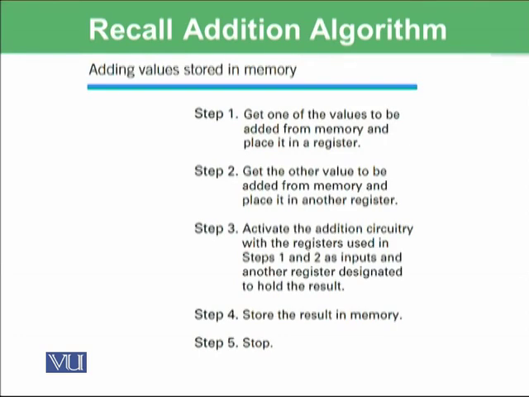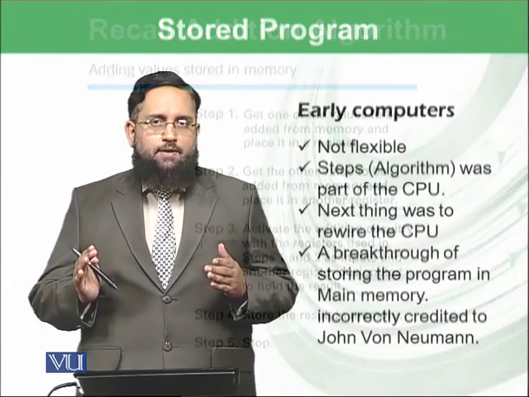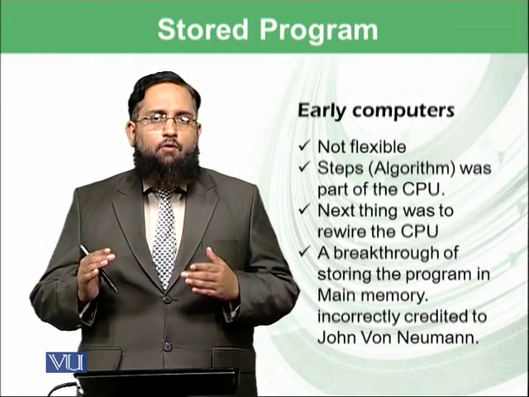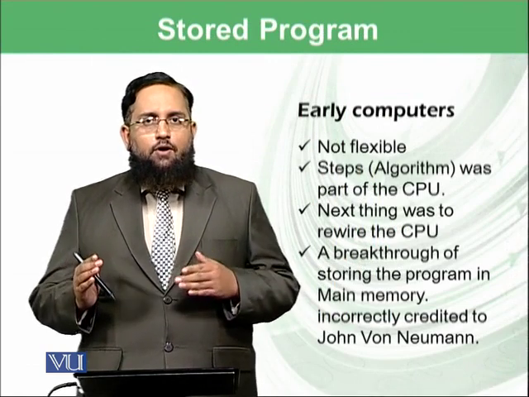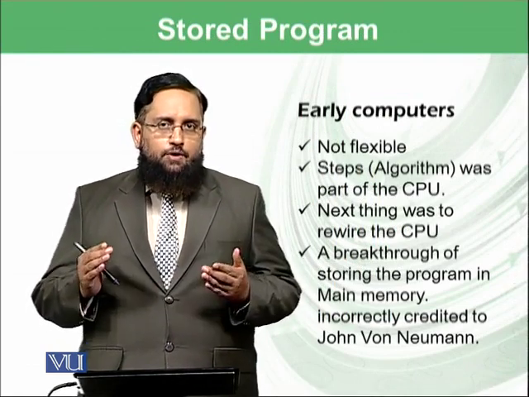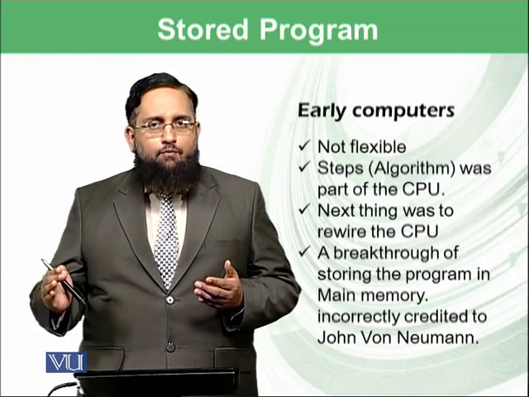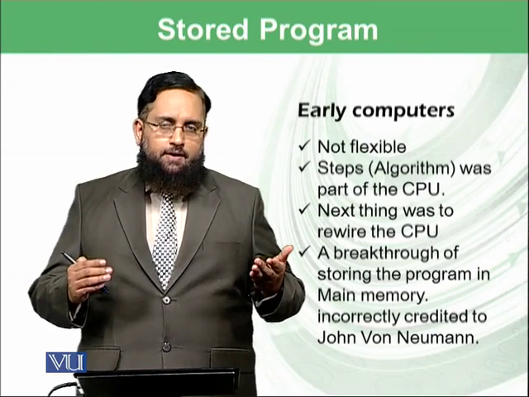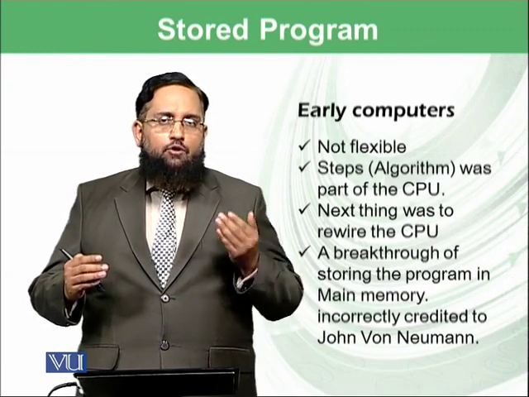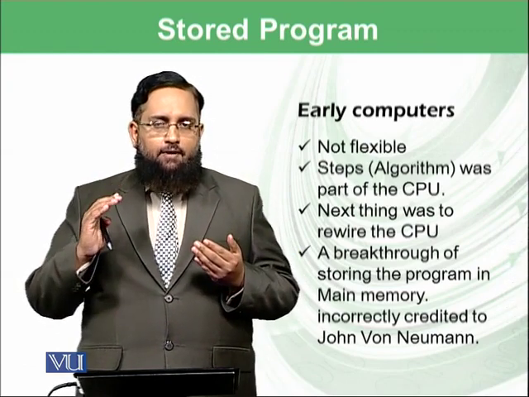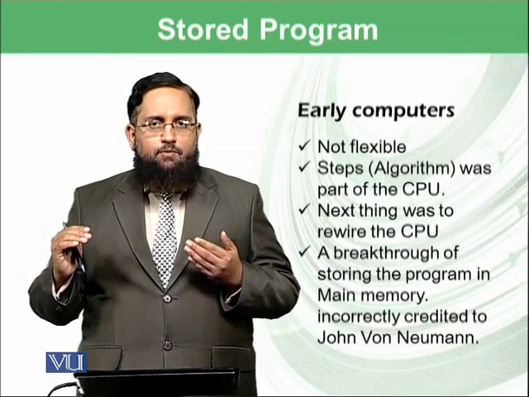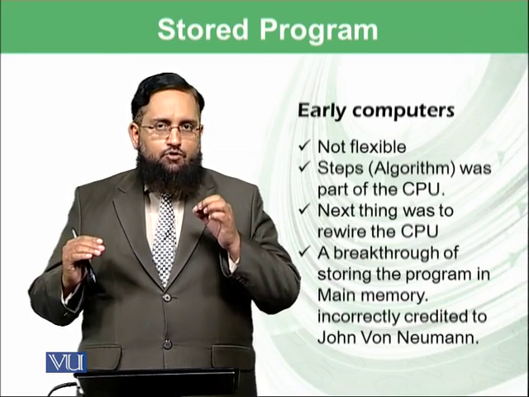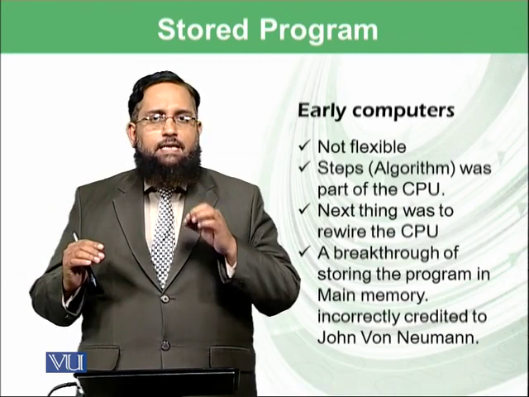This means that only one computer built by a scientist could only perform addition. If we want to subtract numbers, we need another computer. If we want to multiply numbers, we need another computer, because we do not save that program somewhere in the computer. However, it was stored within the central processing unit.